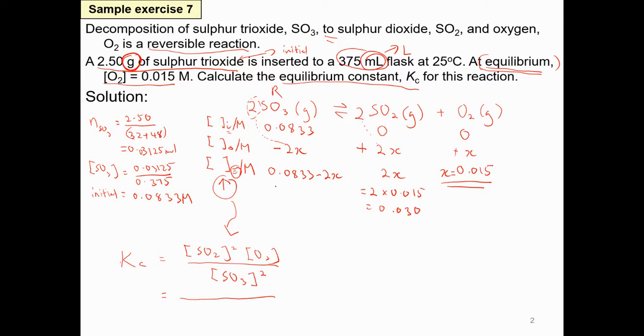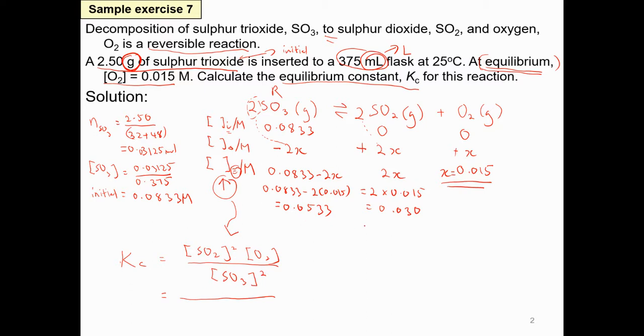And for sulfur trioxide, we will get 0.0833 minus 2 times 0.015. Then the answer will be 0.0533.